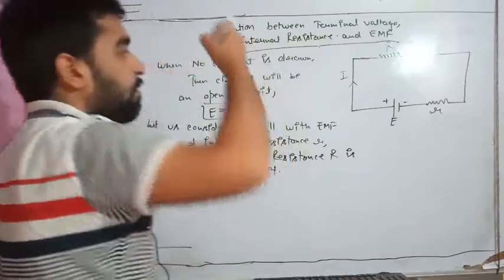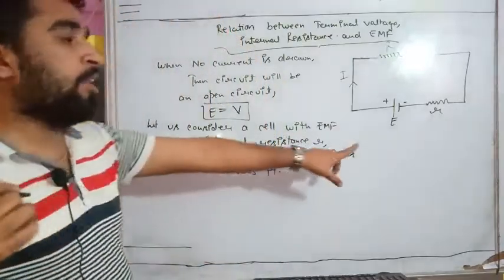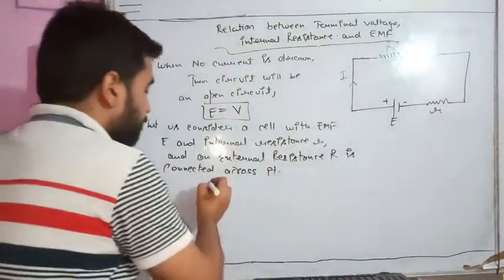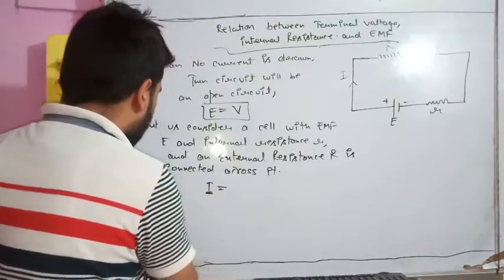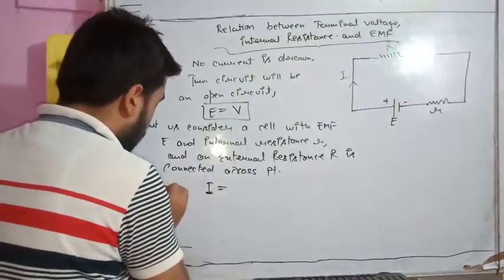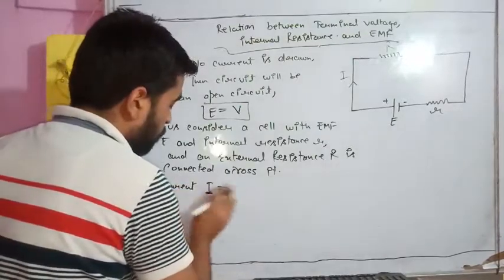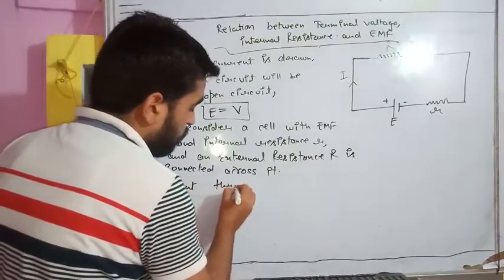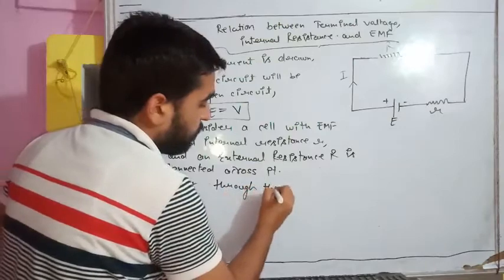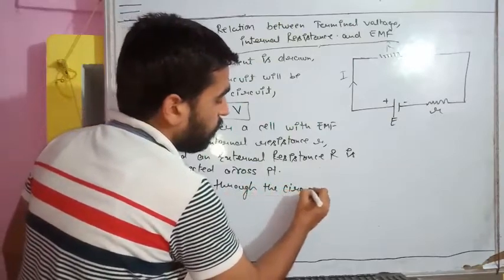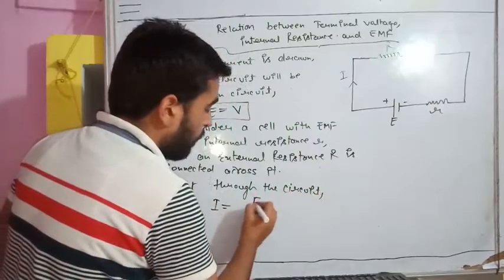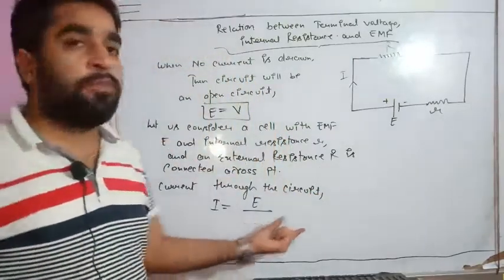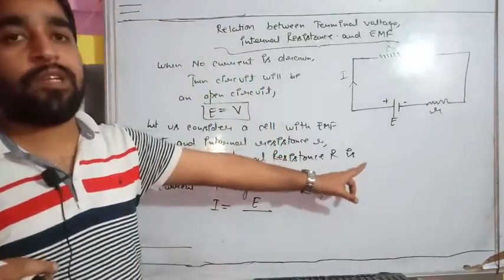Now students, what should be the current through the circuit? By Ohm's law, the current I should be equal to the total potential E upon the total resistance.